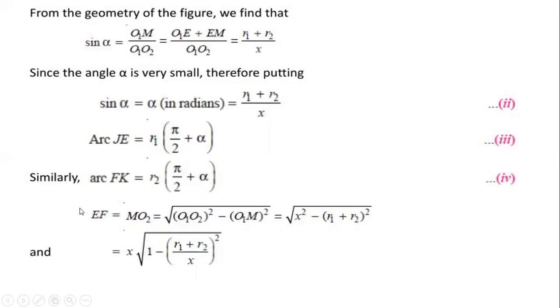Then similarly, arc FK is taken as the radius of the driven pulley into pi by 2 plus alpha.